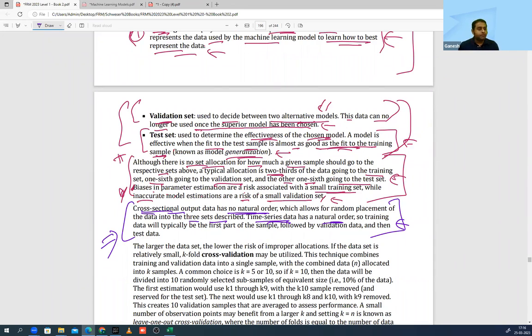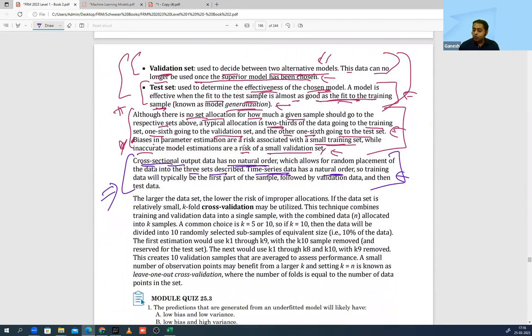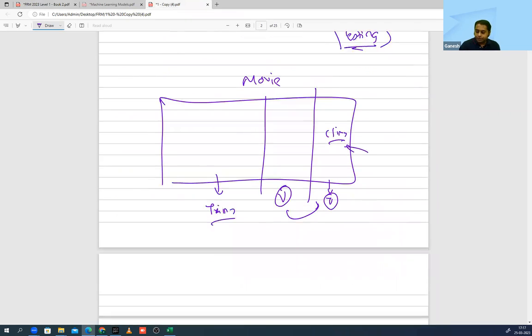आगे बढ़े. Now, यहाँ से, what is the problem that they are identifying? We said we will create training validation, but if there is no enough data, then what will you do? Okay, the larger the data set, the lower the risk of improper allocation, because if you have huge amount of data, okay, suppose 10,000 data points. So if suppose out of that 10,000, I'll just write it down over here.